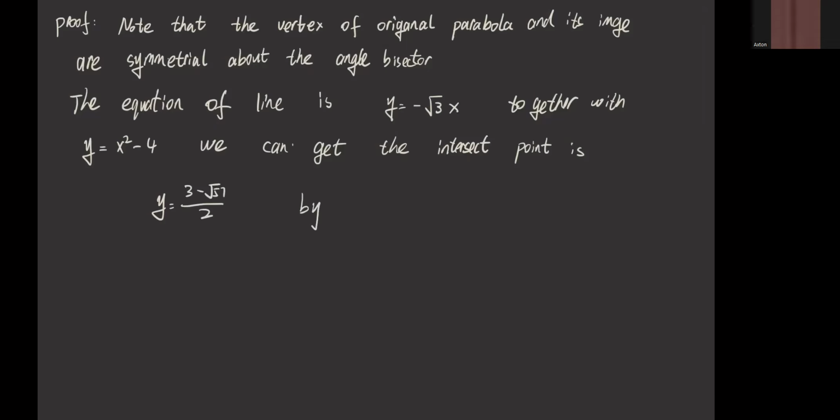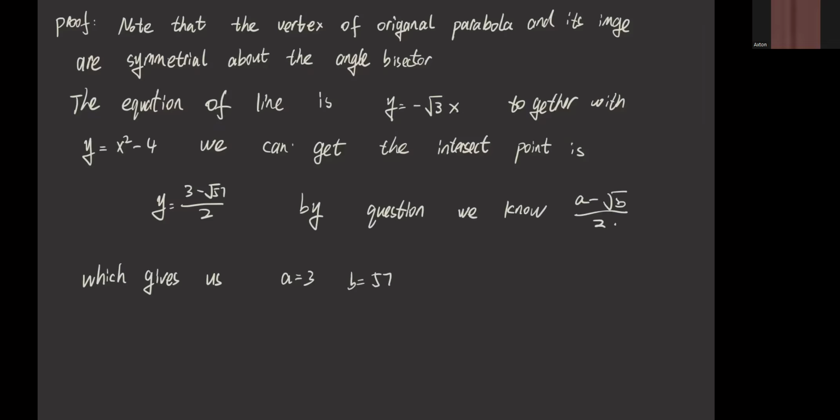By the question, we know this is a minus square root of b over c, which gives us a is equal to 3, b is equal to 57, c is equal to 2. As we learned, a plus b plus c is equal to 3 plus 57 plus 2.